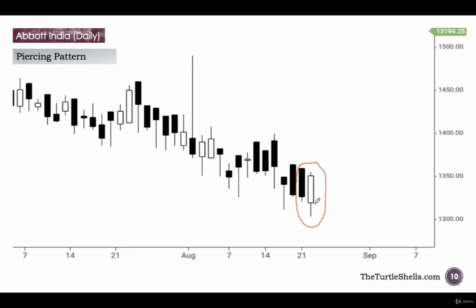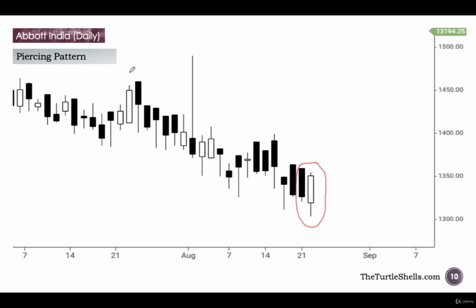Another point to mention here is, although I ignore the shadows, if we have a look at the shadows here, the upper shadow is very small and the lower shadow is more than twice the height of the upper shadow. The lower shadow indicates bullishness and the upper shadow indicates bearishness. So this candle has more bullishness built into it than bearishness.